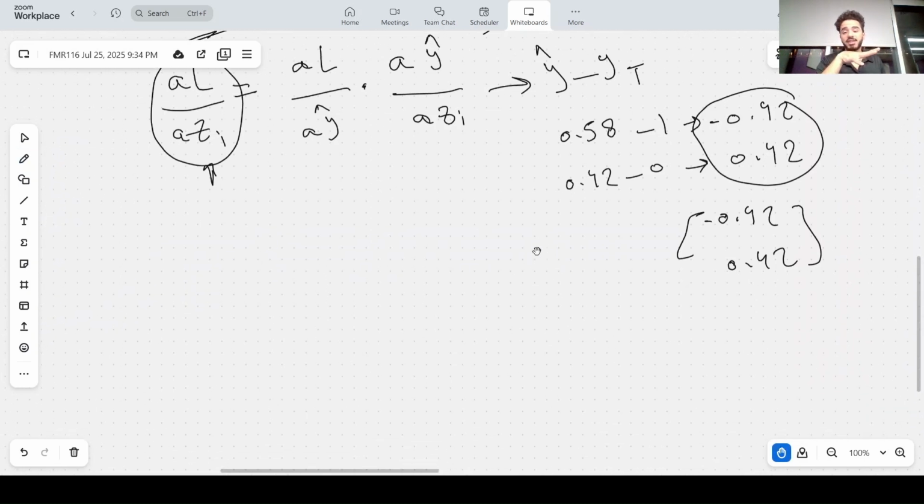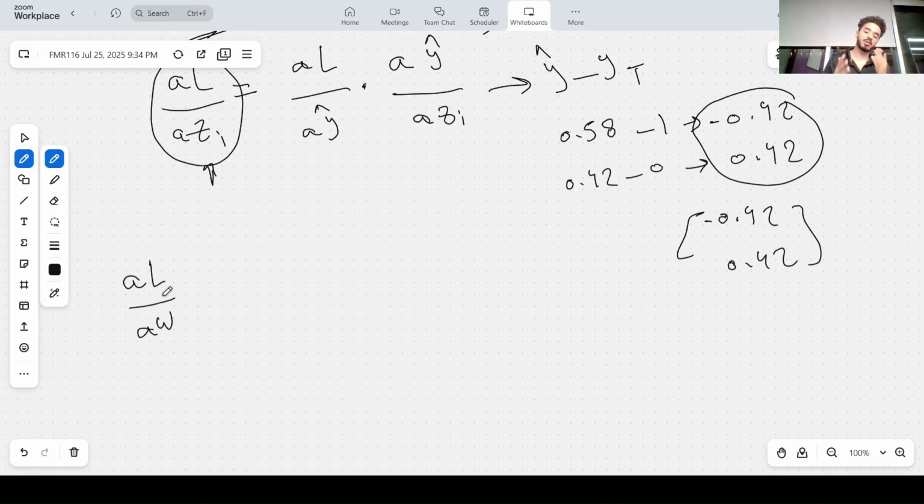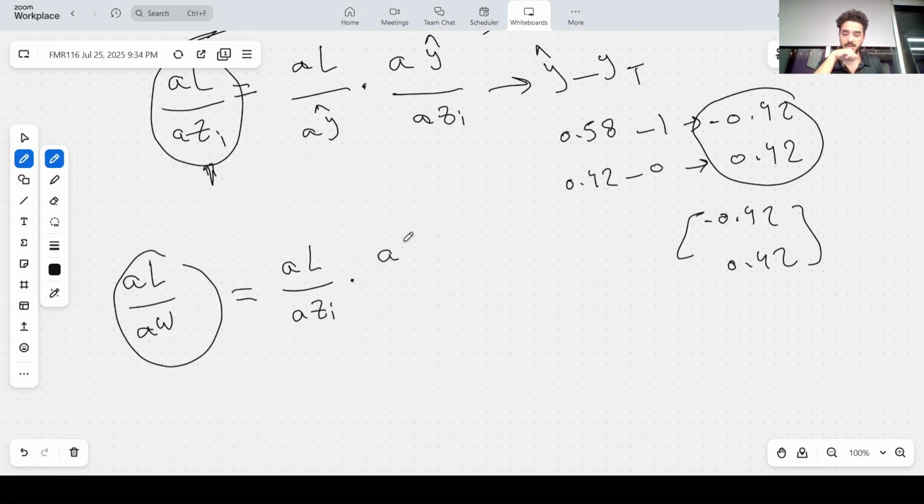So how can we actually update the weights? We got the vector to minimize the loss, but we need to apply it to the weights actually. So we need to minimize the loss with respect to the weights. Getting the derivative or the gradient is actually minimizing the function. But we do not have a formula for both of them, too. So what can we actually do? We will do the following chain rule again: dL by dZi times dZi by dW.